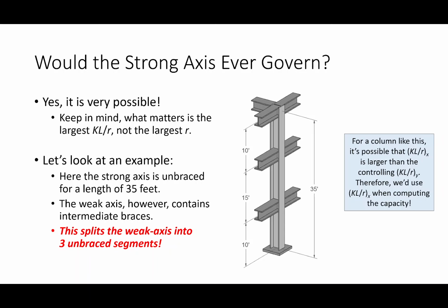The thing is, those beams are not framing in both directions. They're only framing in one direction. So if I were to draw this column, here's the column, let's call it the x-axis. Here's the column, let's call this the y-axis. For the x-axis, the column doesn't have any bracing along the length.